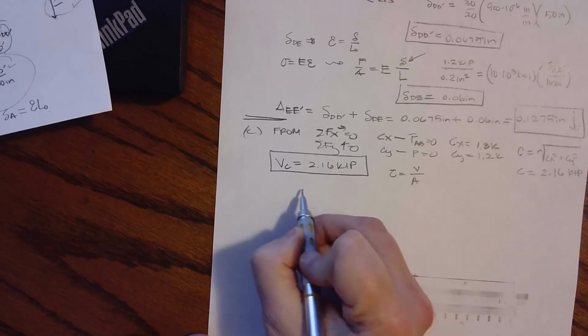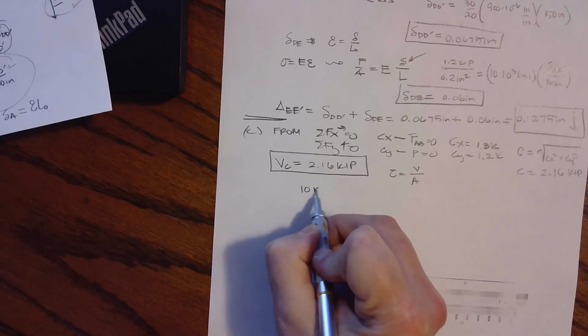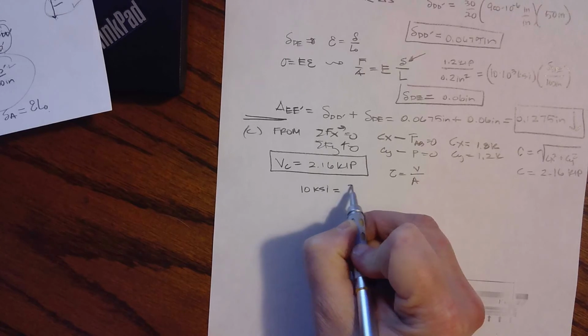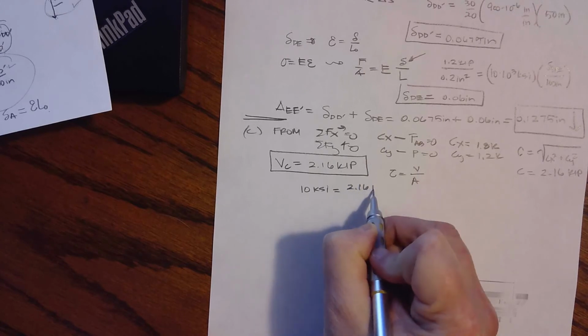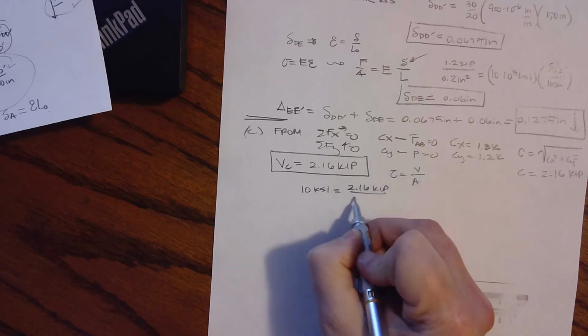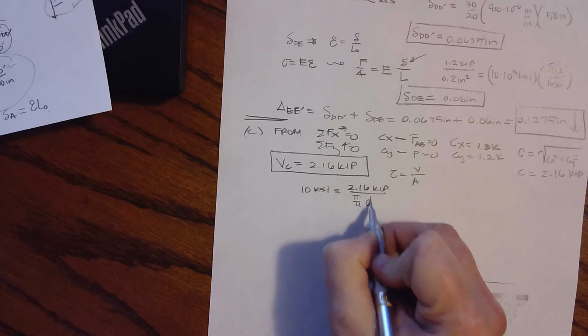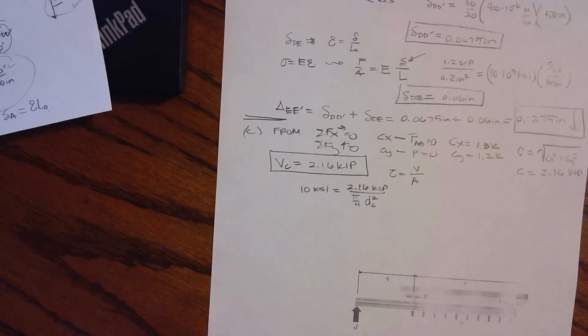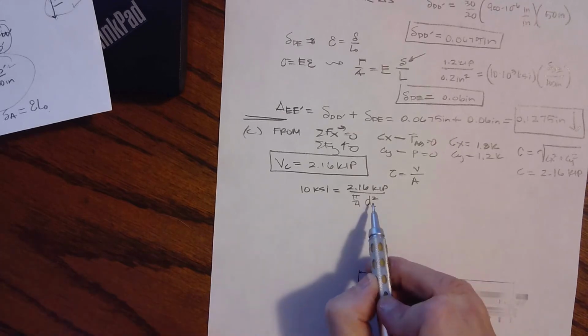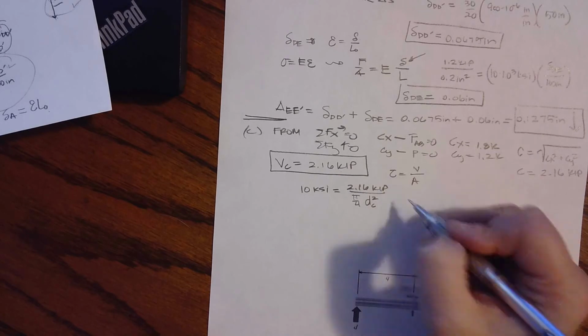So I can rewrite this that 10 ksi equals 2.16 kips divided by pi over 4 times the diameter of the pin at C squared. And it says back in the problem statement that it is in single shear, so we're not going to do anything with the area. We're going to leave it as such.